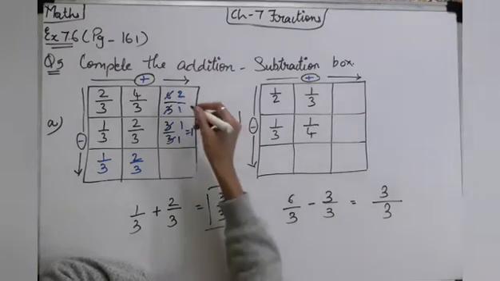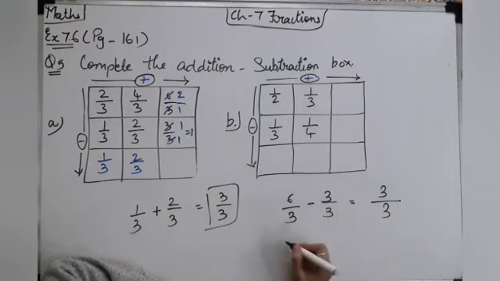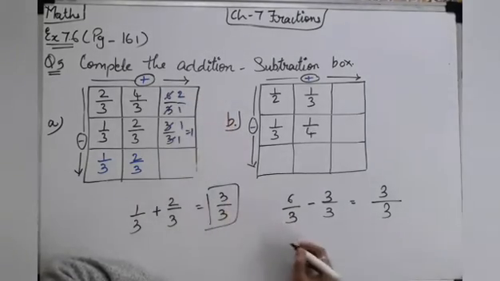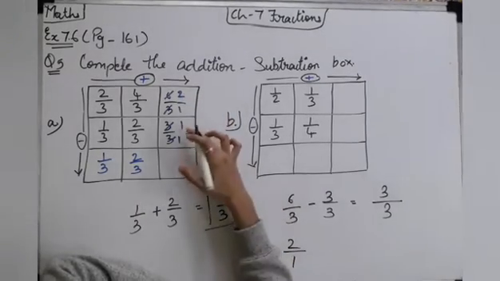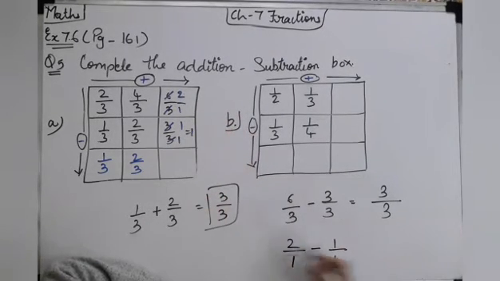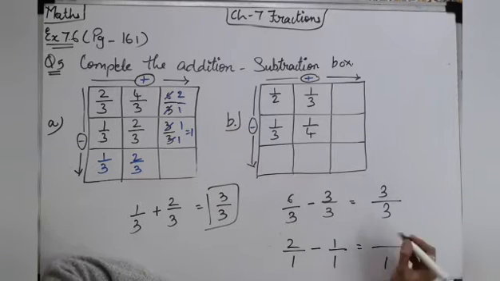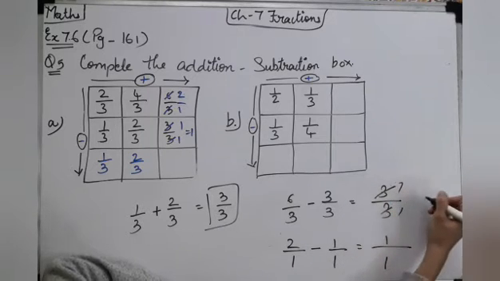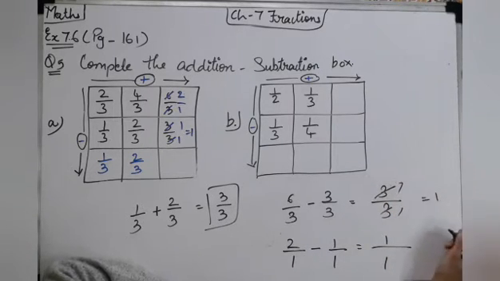Okay, if you are doing the simplest form, then also your answer will come right. For example, in the simplest form it is 2 upon 1 and here it is 1 upon 1, minus 1 upon 1, because upwards to downwards we are going. So denominators are same and 2 minus 1 is 1. So 3 upon 3 is 3 ones are 3, 3 ones are 3, so 1 upon 1 came, so equals to 1.